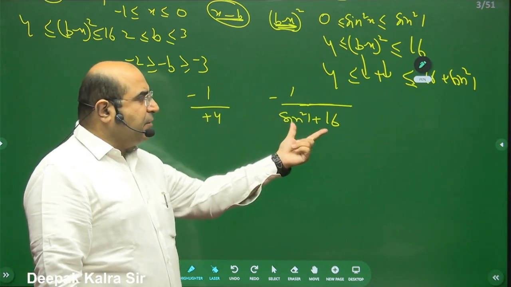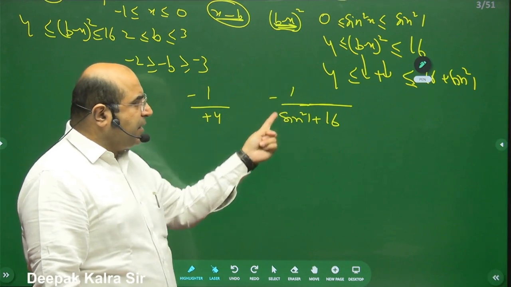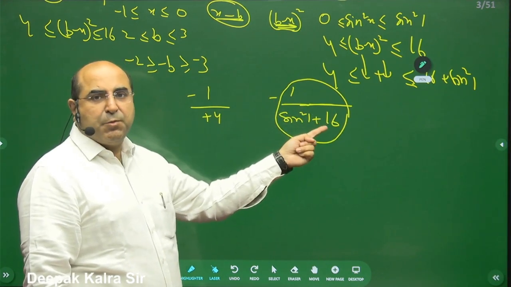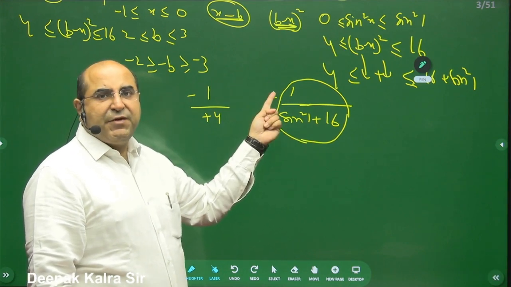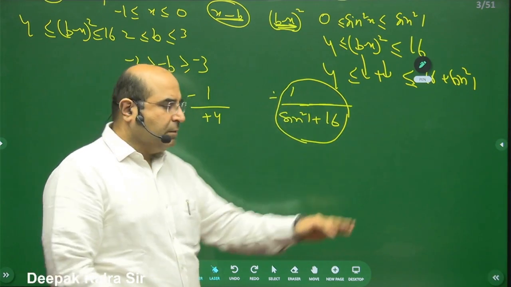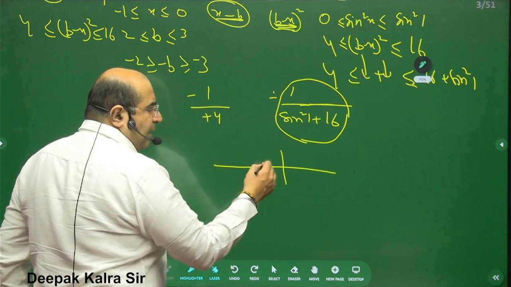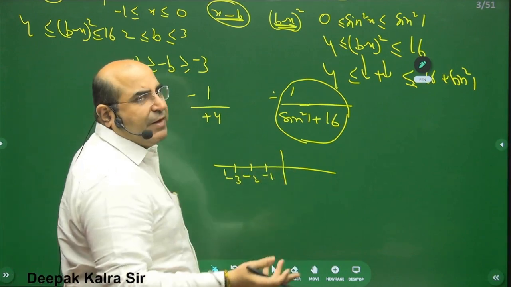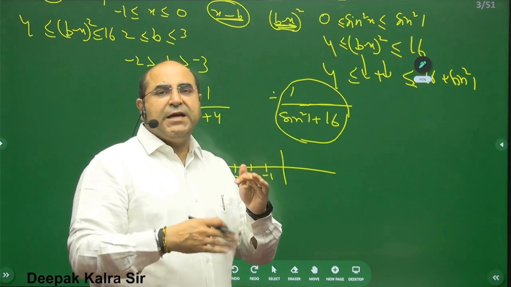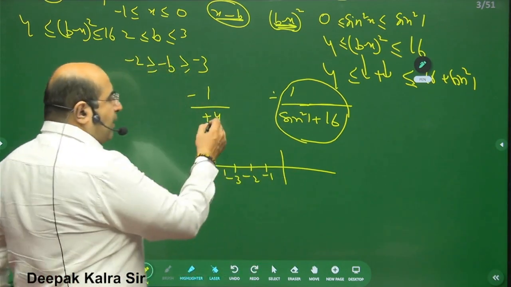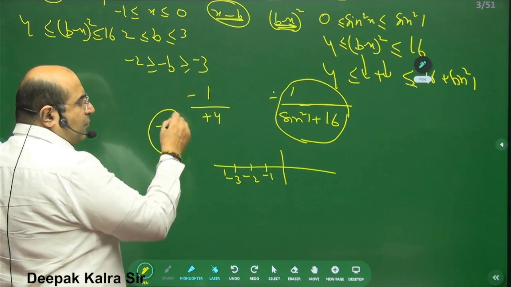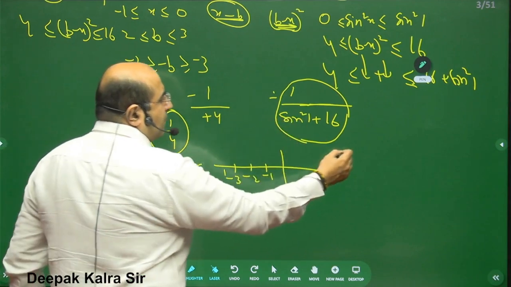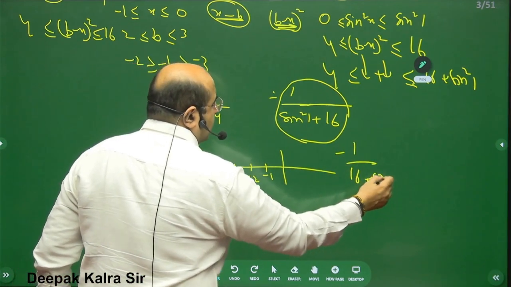So when this value is more than this, naturally 1 upon this value will be smaller. But when you put a minus sign in front of it, it will become larger. When we go below zero, anything with a bigger magnitude becomes smaller with a negative sign. So 1 upon minus 4 will be smaller compared to minus 1 upon 16 plus sine square 1.